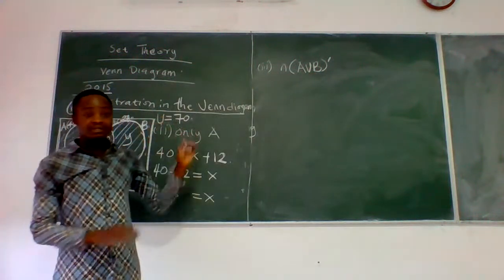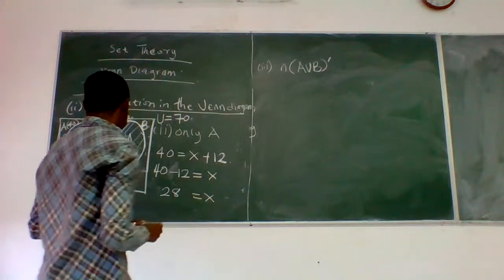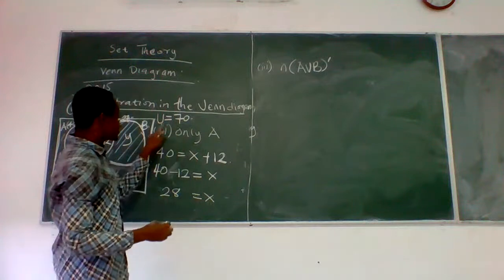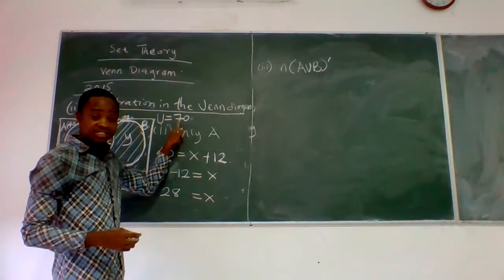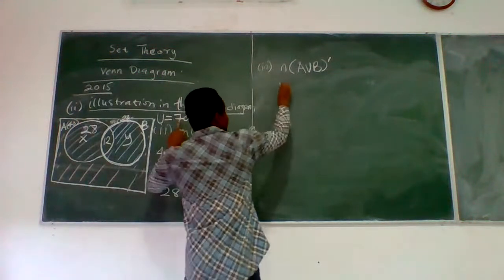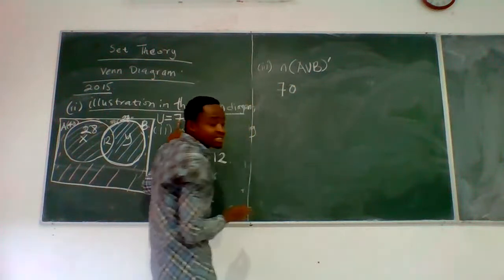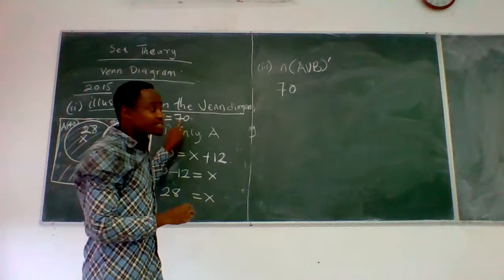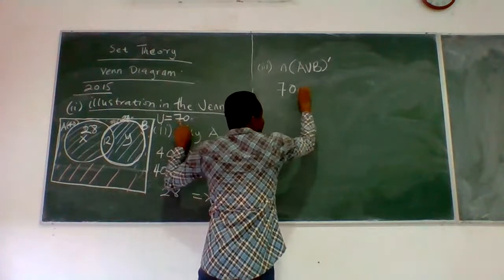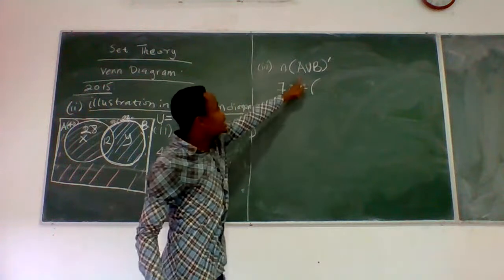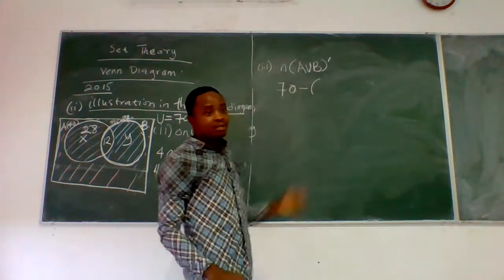But here we are dealing with numbers. So what is our universal set over here? Our universal set is u, which is equal to 70. So I can place 70 over here. And the complement is the same as what? Subtraction. So it is minus, and then A union B. What are we doing?